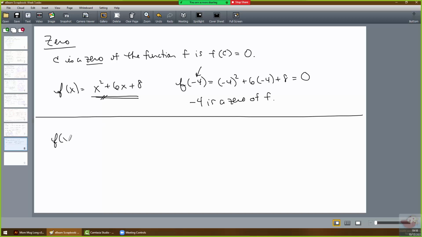Let me give you another one that happens to be factored. So let's suppose we had f of x equals x plus 1 squared times x minus 3 cubed times x minus 5.